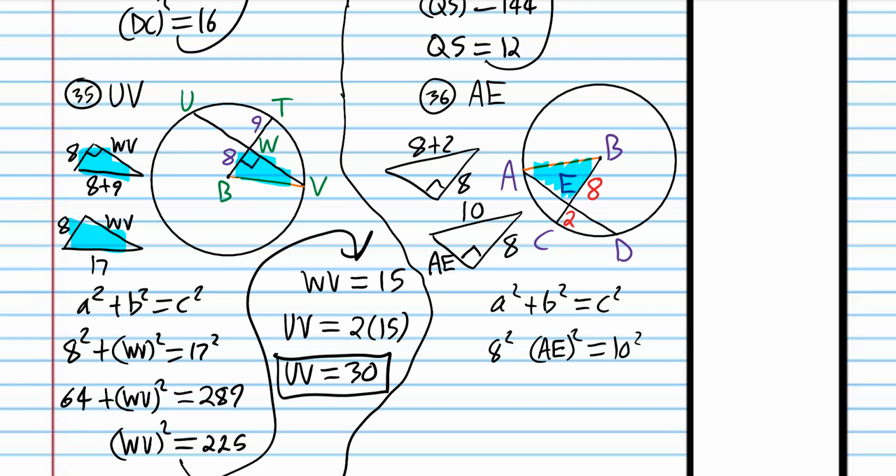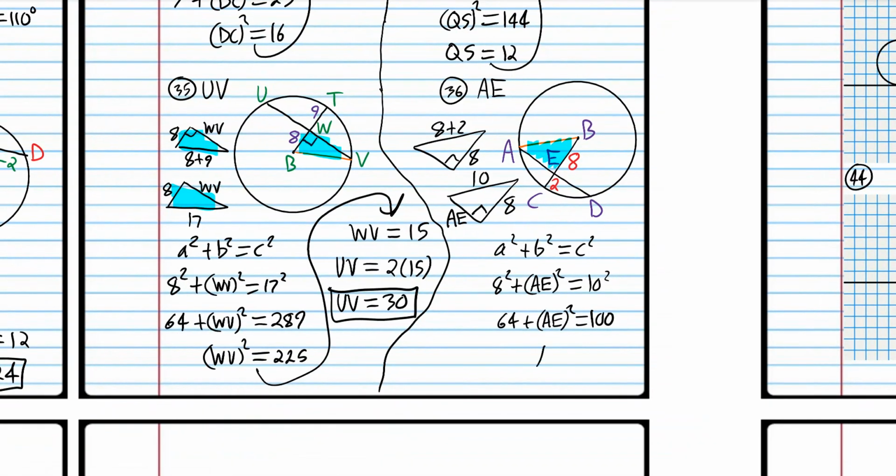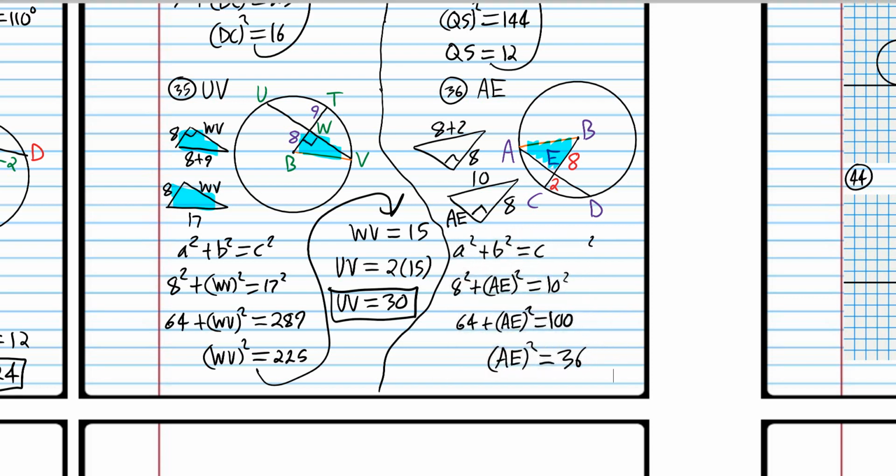And A is 8, so we have 64 plus AE squared is equal to 100. Subtract 64 from both sides, and we get AE squared is equal to 36. And then move everything over, because remember, in math you can never go from right to left.